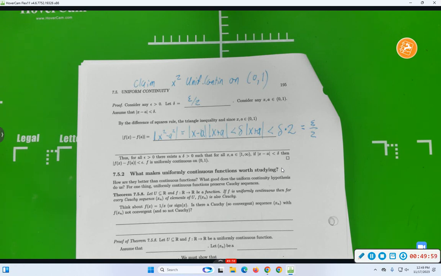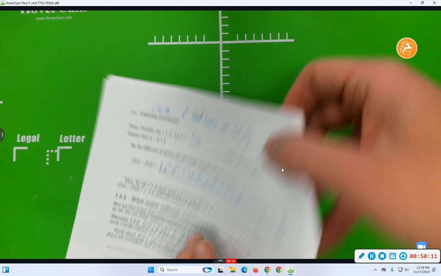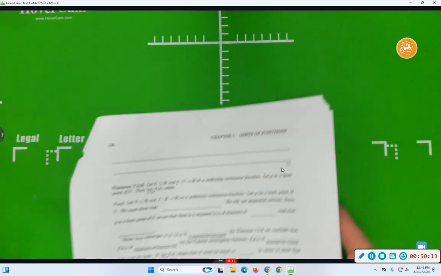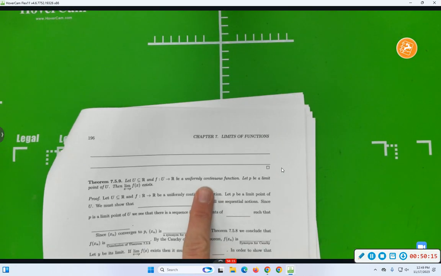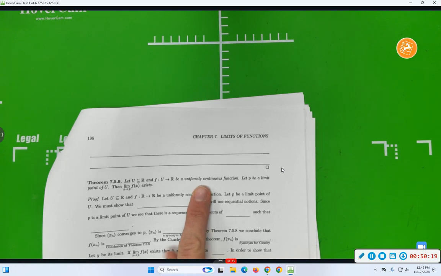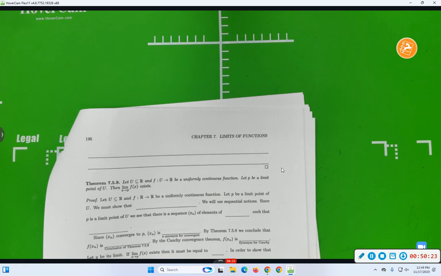What we will do next time is prove that uniform continuity is good for stuff. For one thing, it preserves the property of Cauchy sequences. We will use that to show that it preserves the property of limits existing. If you take the limit of a uniformly continuous function at a limit point, that limit will exist.